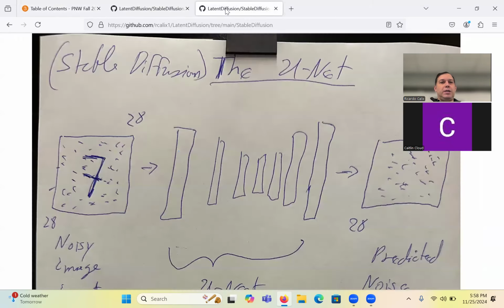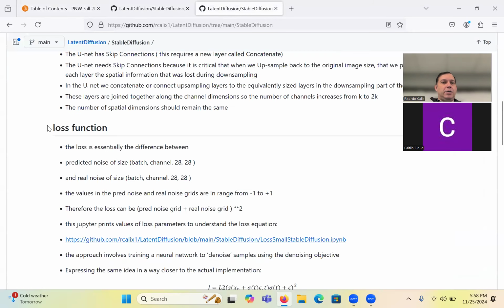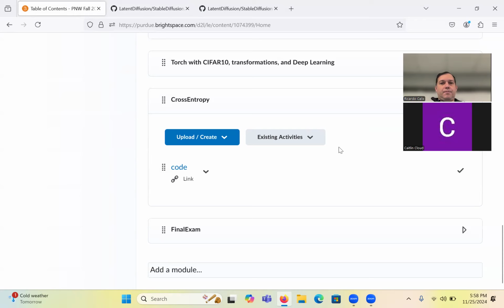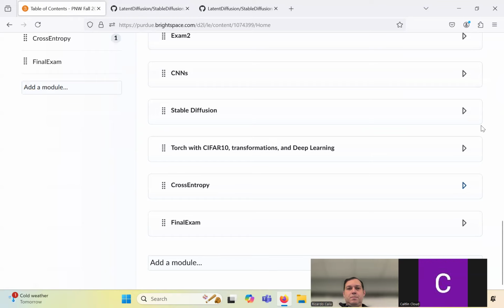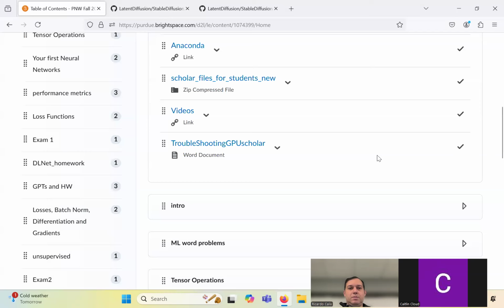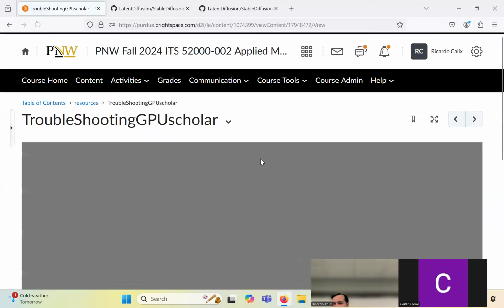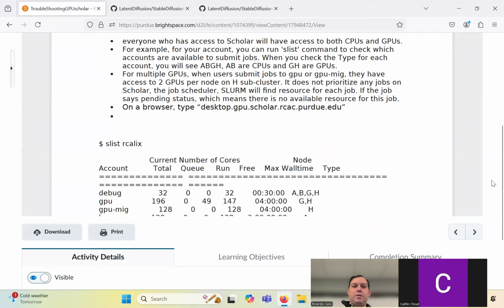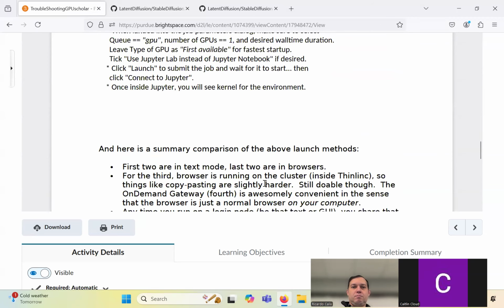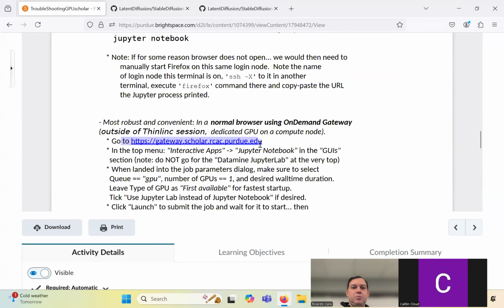I'm going to run this in Scholar. I don't need a GPU for this.